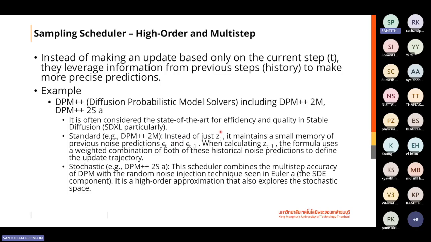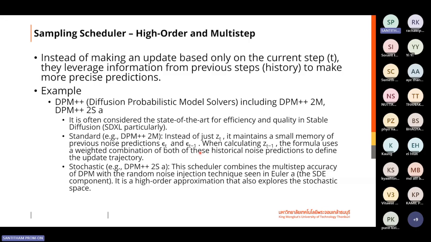Okay, so instead of just zt, it maintains a small memory of previous noise. Okay, you have the latent, it maintains memory of epsilon t and epsilon t minus 1. So instead of using just one value of noise, it has two values. So it can calculate the change.